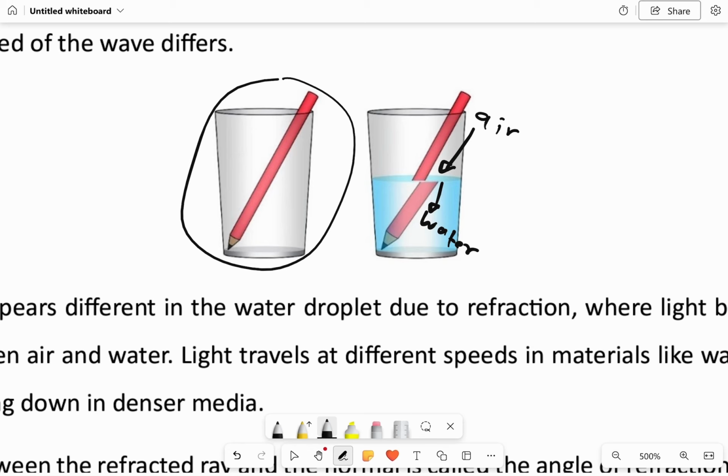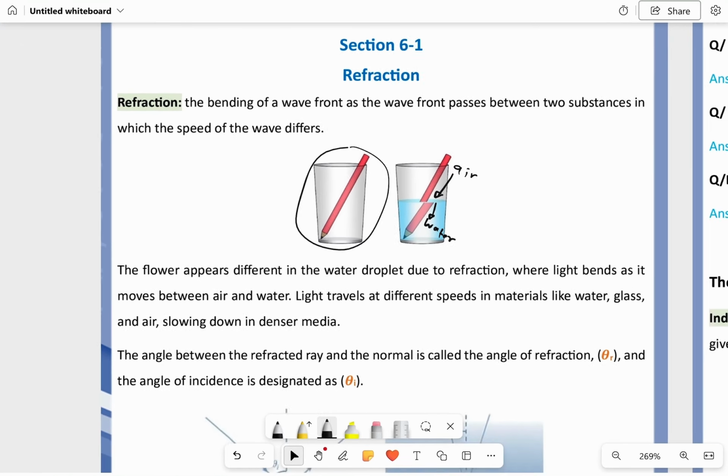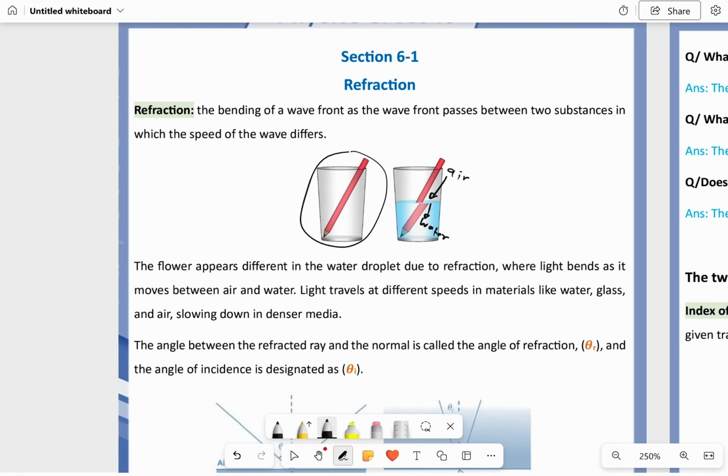When it changes the medium, the speed of light is going to decrease, and this is what's going to cause a bending in light. That is why this pencil seems to be broken, because light is changing its medium. It is going from air to water. This is what basically refraction is, when light changes the medium and it bends.